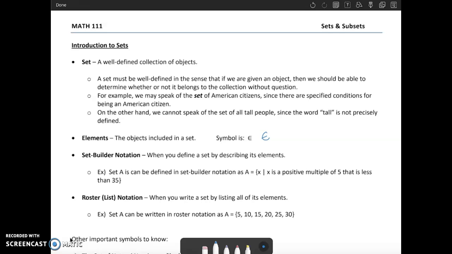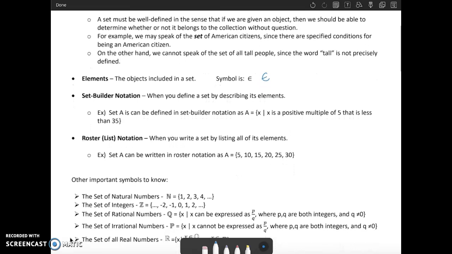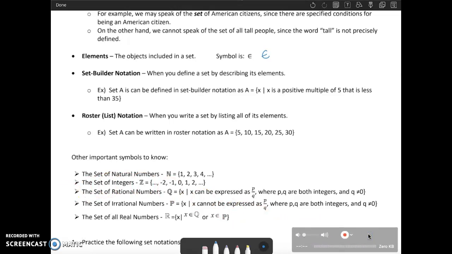And then there are two basic notations for sets that you will see. The first one is called set builder notation. That is when you define a set by describing the elements. So for example, here it says set A can be defined in set builder notation as A equals the set of x's such that x is a positive multiple of 5 that is less than 35.